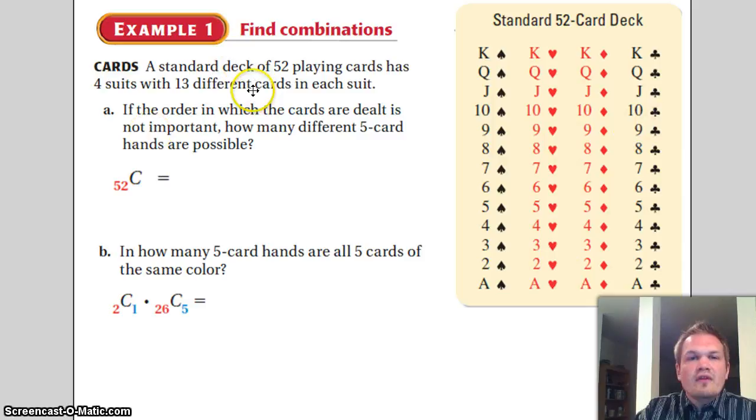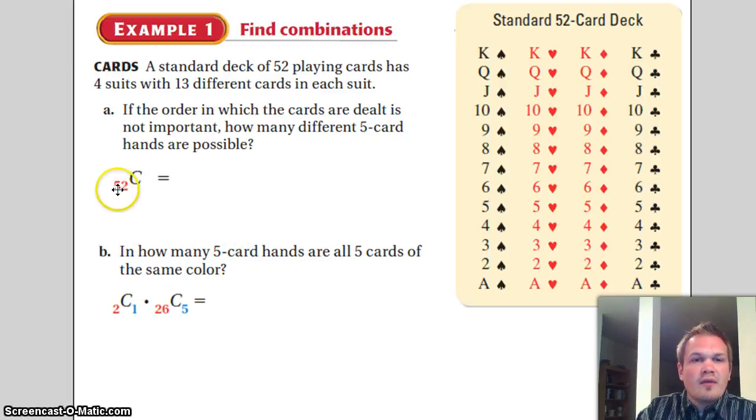A standard deck of 52 playing cards has 4 suits with 13 different cards in each suit. 4 times 13 is 52. If the order in which the cards are dealt is not important, and you get 5 of them, how many different 5-card hands are possible? For those of you who play a lot of cards, you know that certain hands are better than others. I don't care what kind you get. All I want to know is how many different ways you could get 5.